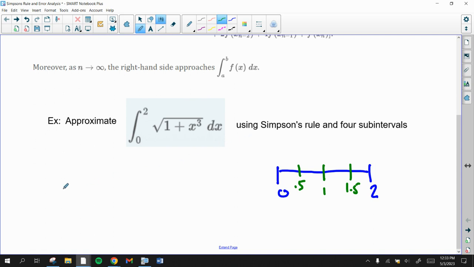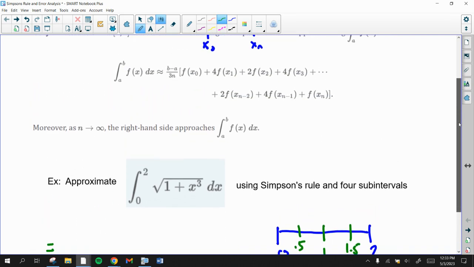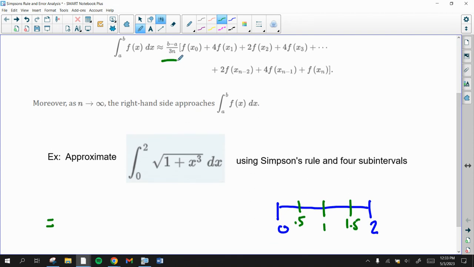So we can approximate this integral by using the formula, which is b minus a over 3n. So b is 2, a is 0, over 3n. N is the number of subintervals, 4, and now multiplied by f of x sub 0.